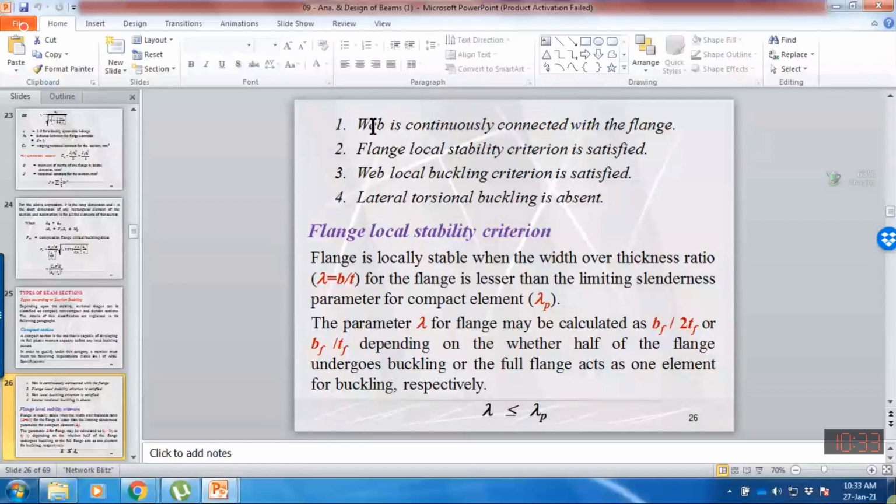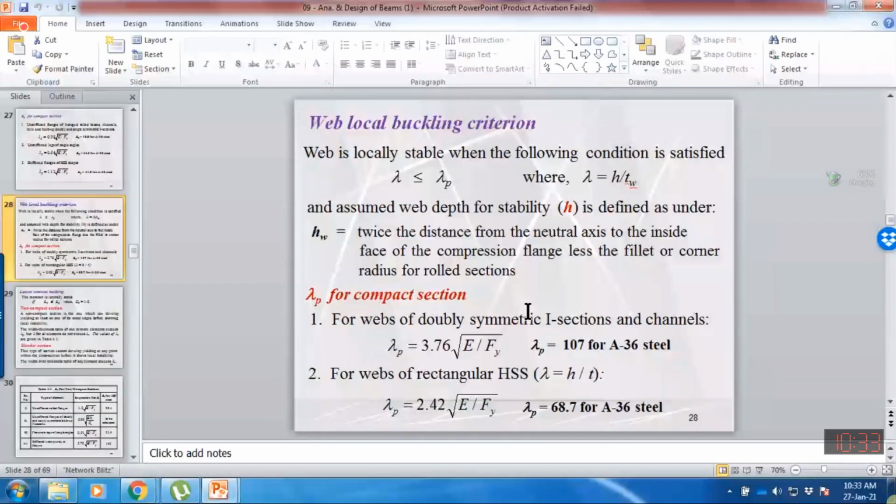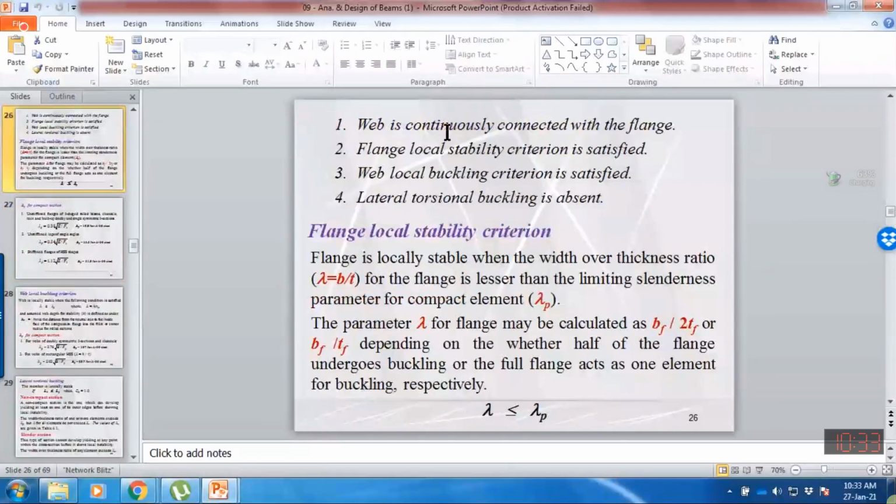So the beam section may be compact, non-compact, and slender. For flange local buckling, we have two values, lambda p and lambda r. In case of the hot rolled beam section, the web is continuously connected with the flange, and lambda f is less than lambda p. We have two limiting values, just like we have Lp and Lr.